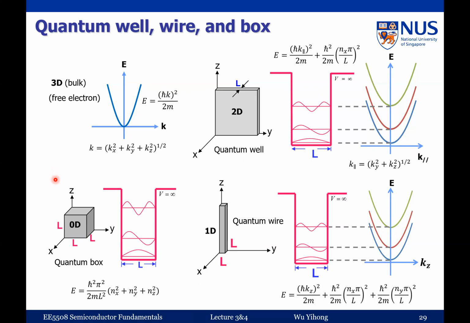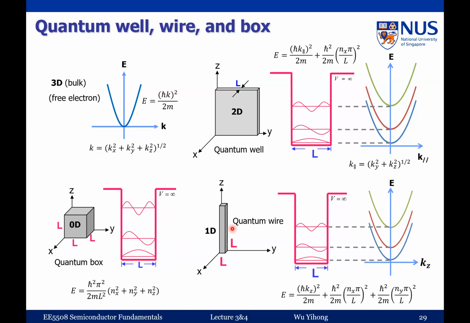Of course, in an atom you have spherical symmetry, but here we have cubic symmetry, but the idea is the same. So basically, in this case the electron is completely confined in all three directions, and you have discrete energy levels, and of course there's no energy dispersion because the electron cannot move. So we have all these different situations.